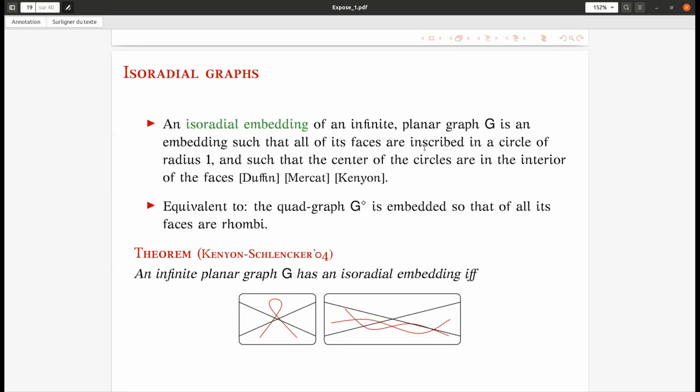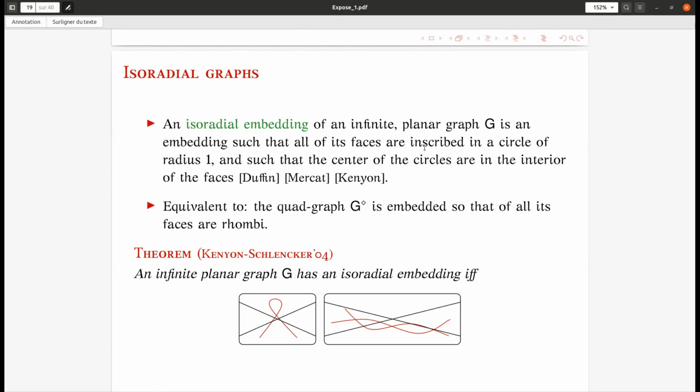Isoradial graphs have been introduced for many different purposes: by Duffin for complex analysis on graphs, by Mercat, and by Kenyon, who really pinpointed the term isoradial. You can convince yourself that this is equivalent to the fact that you can embed the quad graph so that all of its faces are rhombi.